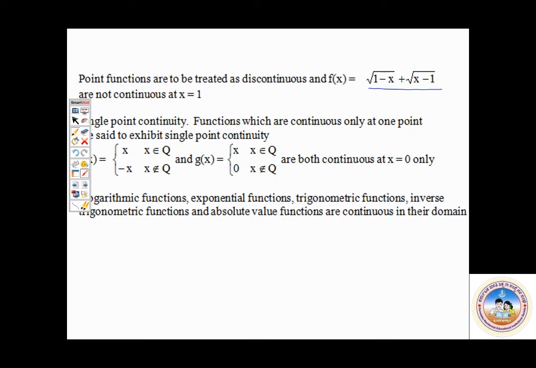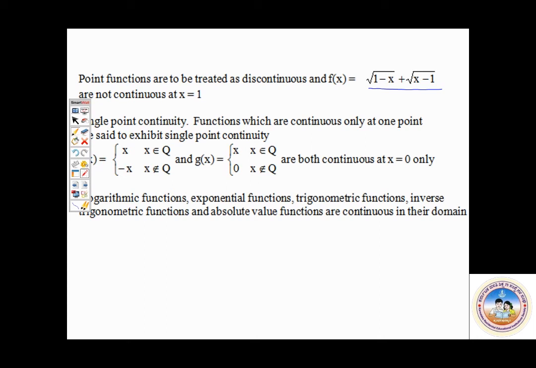Next, single point continuity. Functions which are continuous only at one point are single point continuity. This is an example. What is that? I have defined f of x is x when x is a rational number, minus x when x is an irrational number. So only at 0, left hand limit is 0, right hand limit is 0, functional value is 0.